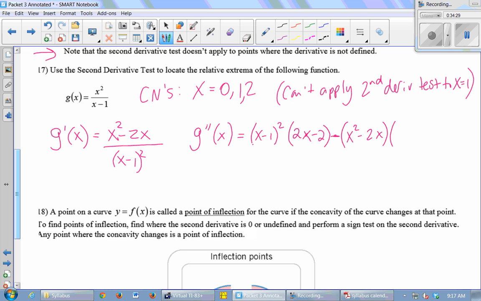What is the derivative of the denominator? Right, 2 times x minus 1 times the derivative of x minus 1, which is just a 1 anyway. So it's going to be 2x minus 2. Everybody sees that?